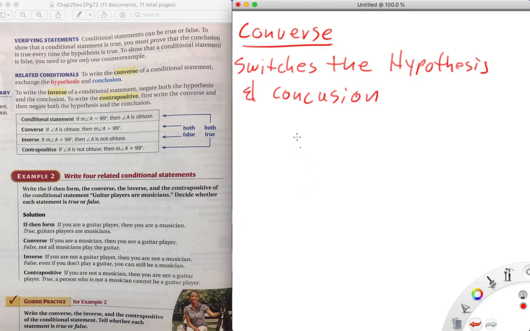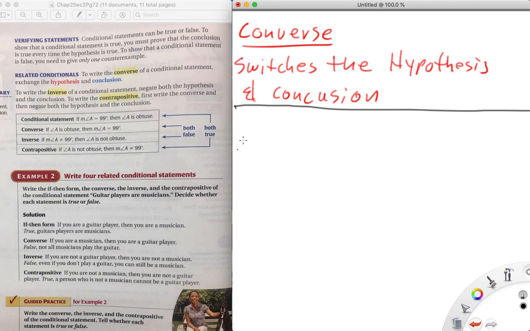All right. The converse switches the initial. So we had an initial hypothesis and conclusion. The converse switches those two, and what was once the hypothesis is now the conclusion, and what was once the conclusion is now the hypothesis.